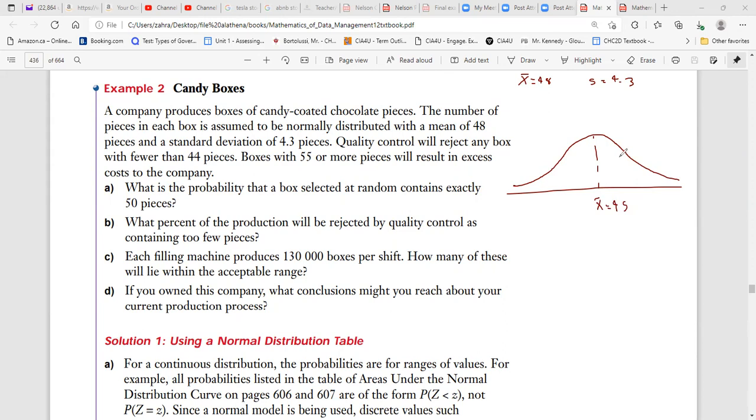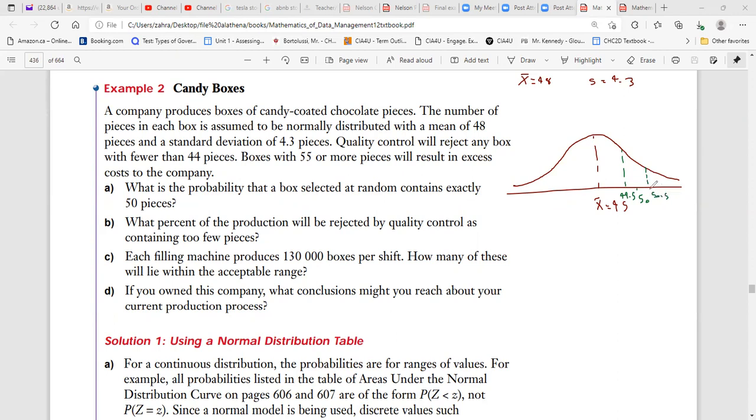Now 50 is above that, right? So here, let's say this is the 50. I want exactly 50, and because this is discrete, I need to find the area between 49.5 and 50.5.